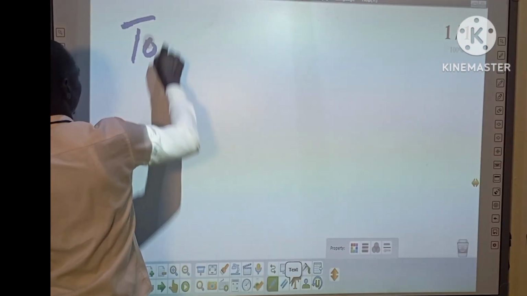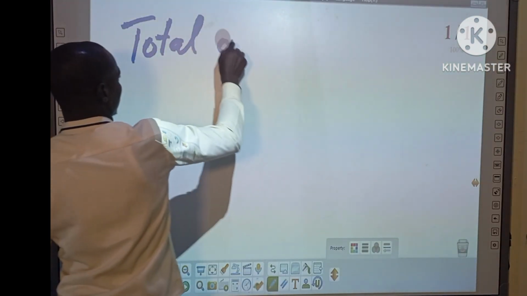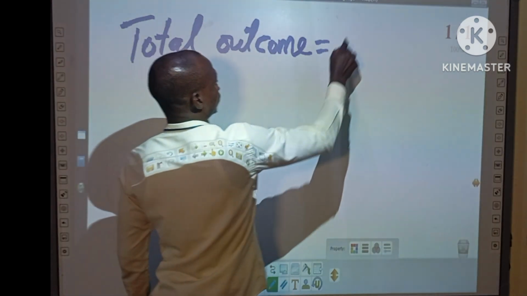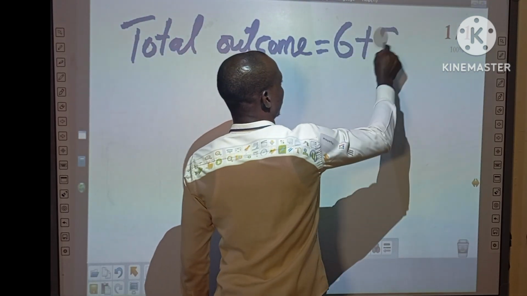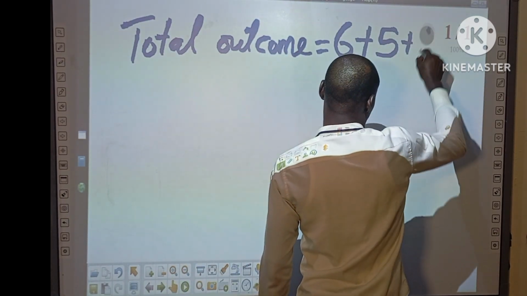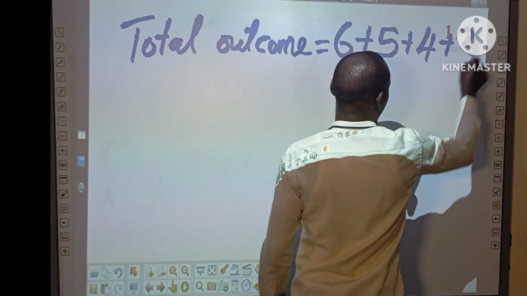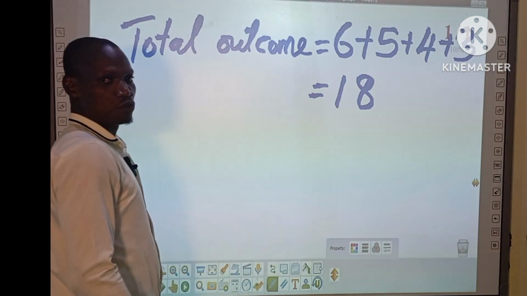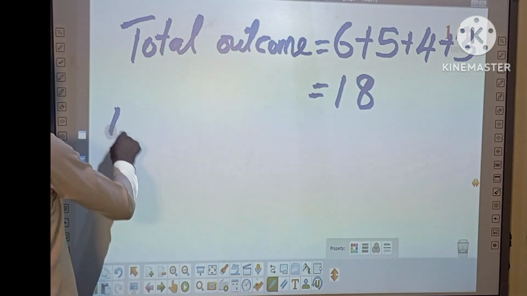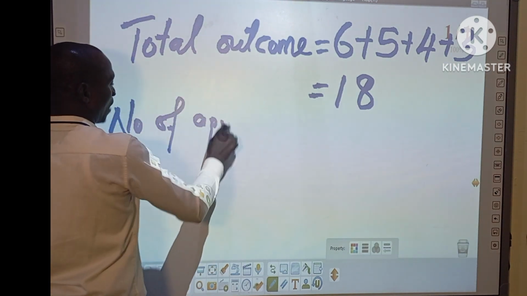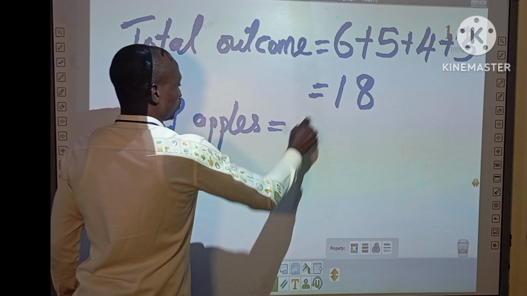Total outcome will be equal to 6 plus 5 plus 4 plus 3, which gives us what? 18. So we have 18 fruits in the basket. Number of apples is equal to 6.